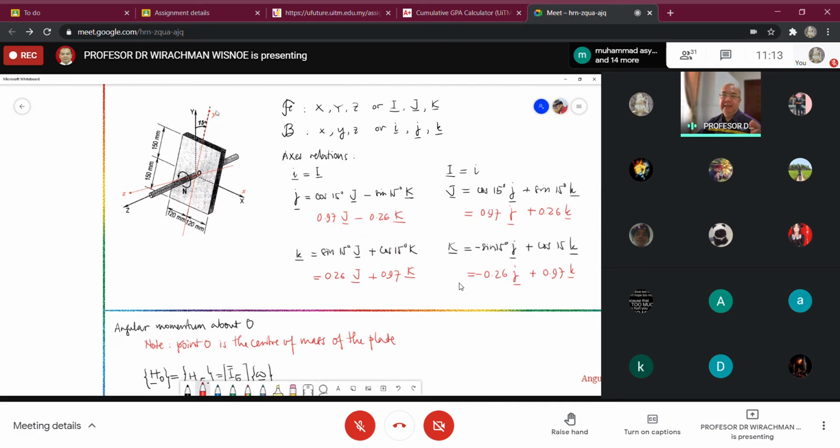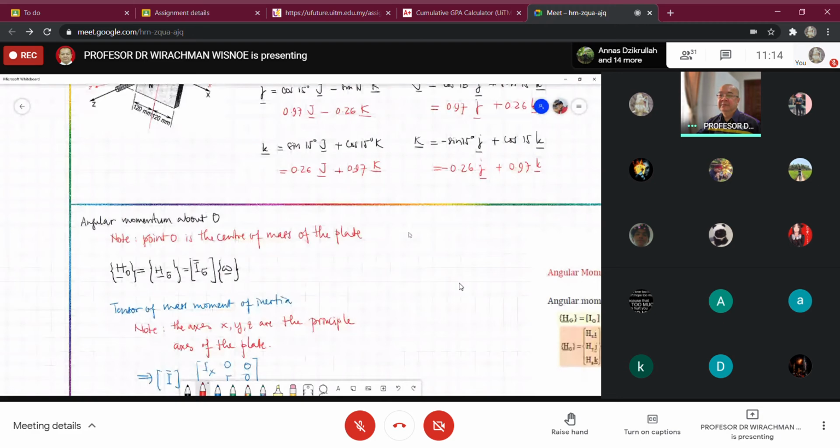Why? Because the plane xy is the same as the plane of the plate. The z is perpendicular to the plate. The capital Z is not perpendicular to the plate. Okay? The small z is. So I'm going to calculate the moment of inertia with respect to my B frame, the small letter.